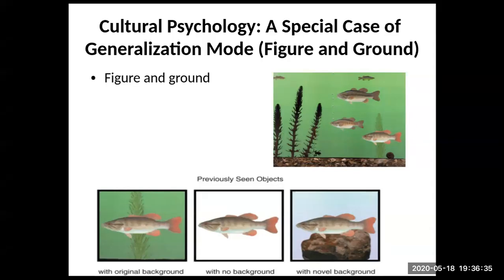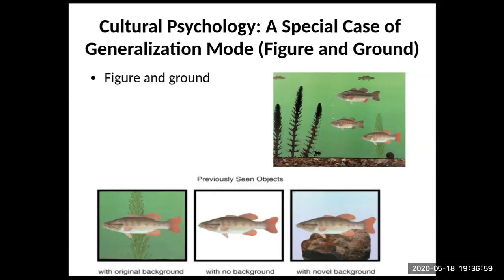So looking at the picture with the original background helps to give context to the picture. If seen with no background, it may be a little different, or when the fish is put into a novel background, that may cause things to be interpreted differently, especially if you were used to looking at the background first, like the little frog and the plants and stuff like that.